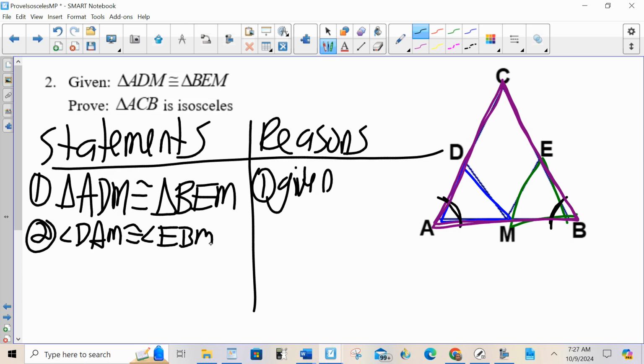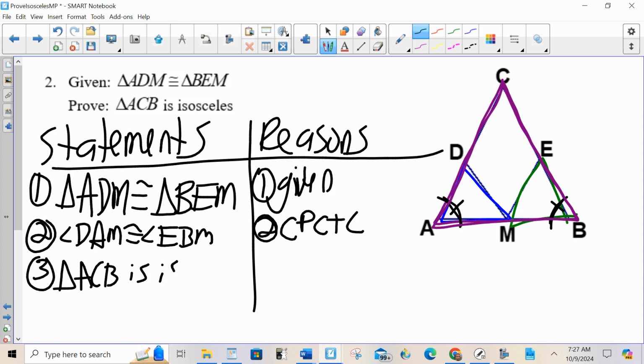And the reason that those angles are congruent is CPCTC. Those triangles are congruent, therefore those angles must be congruent. And once those angles are congruent, it makes the purple triangle isosceles. So I can state that triangle ACB is isosceles.